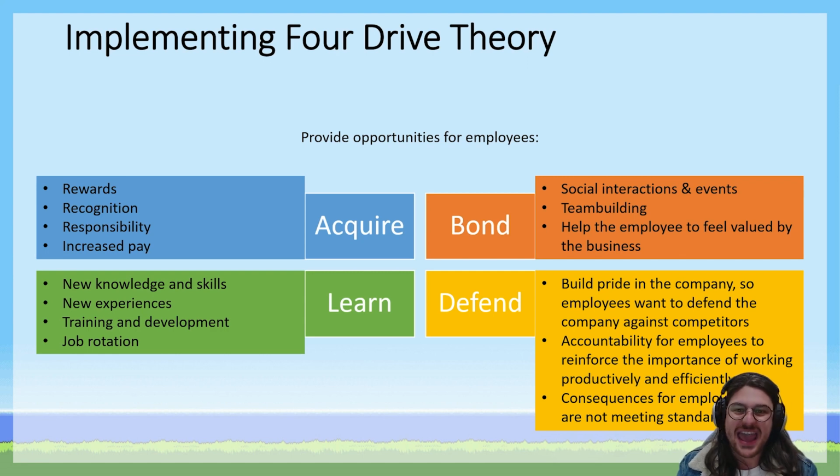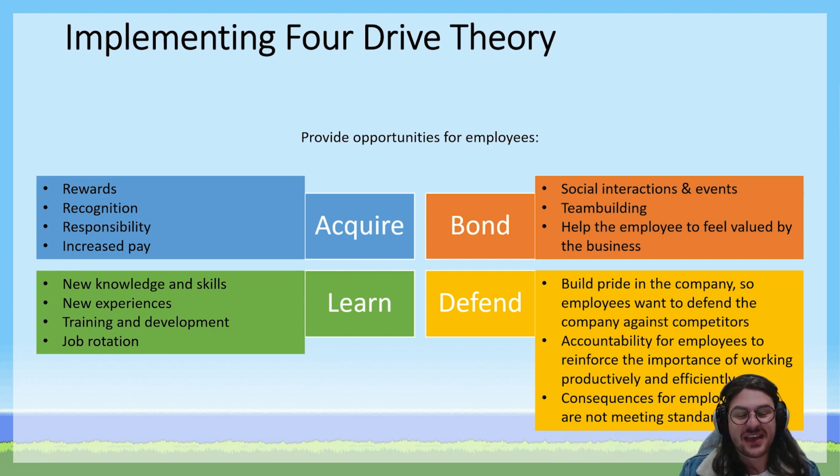As a business manager, how can you create an environment in which your employees are going to have their 4 drives activated at once? Well, certainly rewards, recognition, responsibility, and increased pay. If those are on offer, that will target someone's drive to acquire.